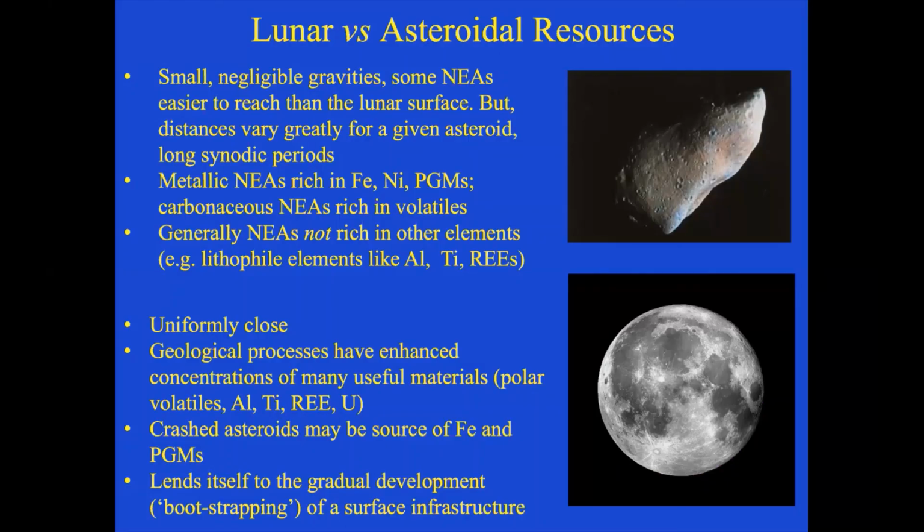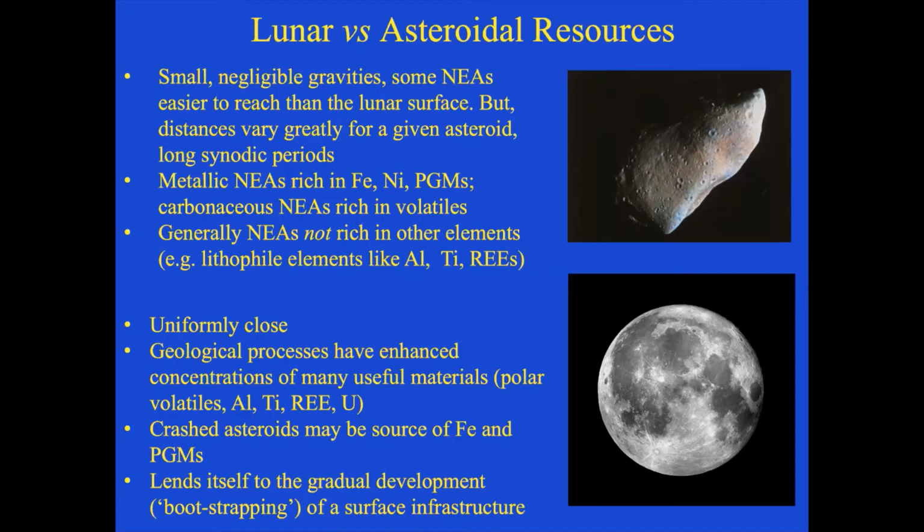I just want to do a quick comparison now between lunar resources and asteroidal resources. Considering the asteroidal resources first, the image there shows the main belt asteroid Gaspra, quite big, 16 kilometers long, just there to illustrate. The advantage of sourcing raw materials from asteroids is that they are small, and therefore have negligible gravities.